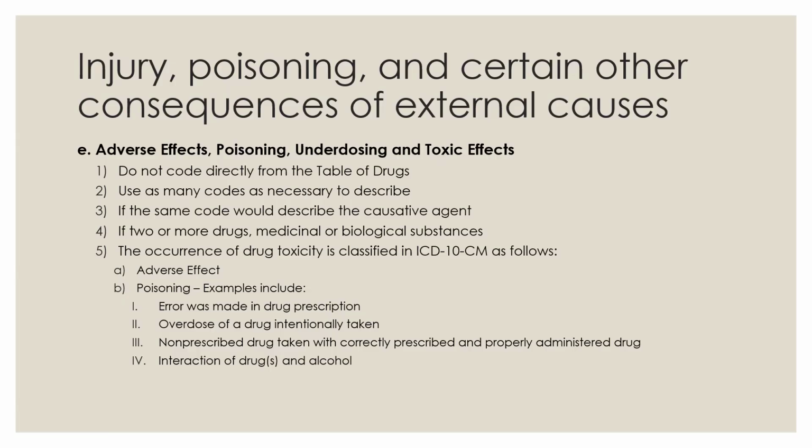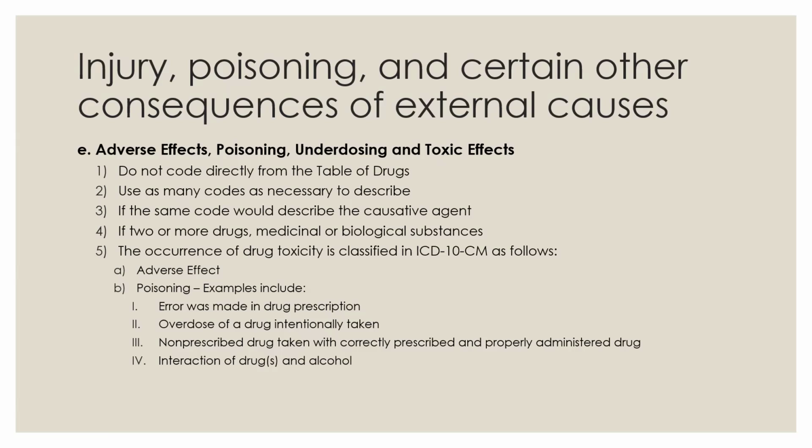The code for the drug should have a fifth or sixth character of 5. For example, T36.0x5. Examples of the nature and adverse effect are tachycardia, delirium, gastrointestinal hemorrhaging, vomiting, hypokalemia, hepatitis, renal failure, or respiratory failure.